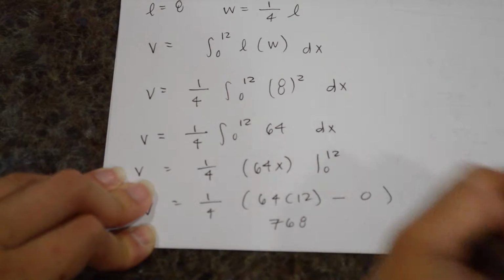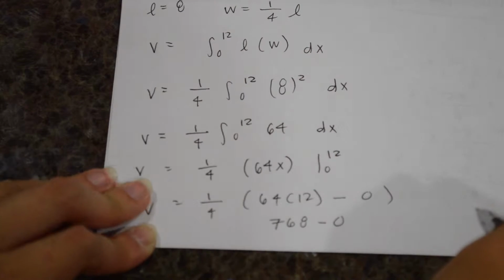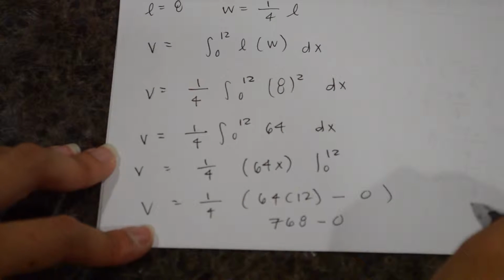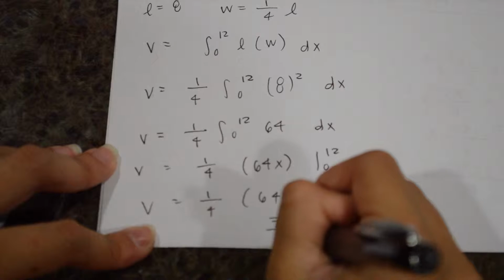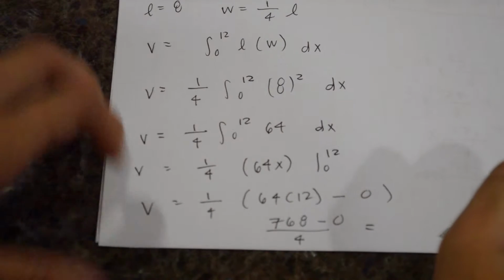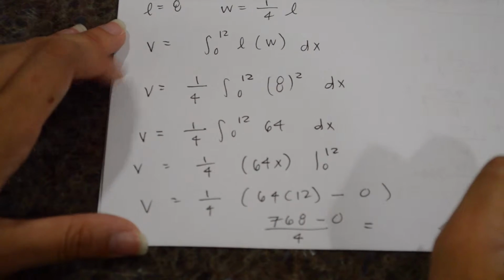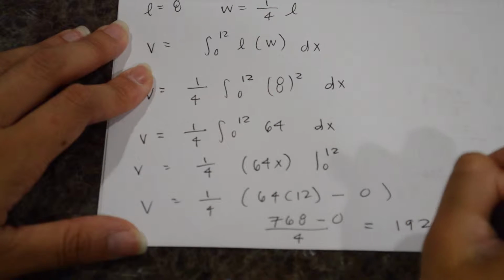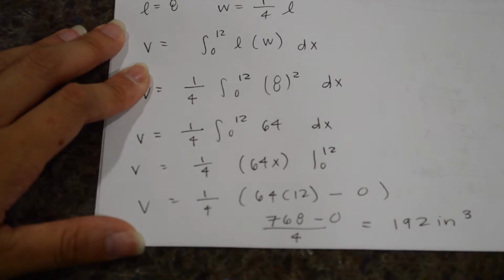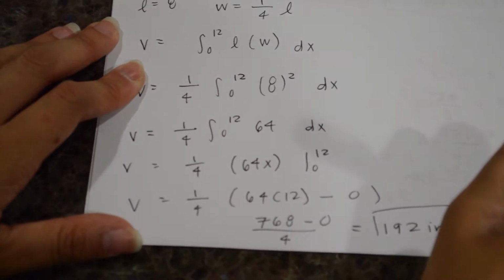And make sure you multiply that by 1 over 4. So 768 over 4 would be 192 inches cubed, and that would be the size of the pan. So the volume of the pan is 192.